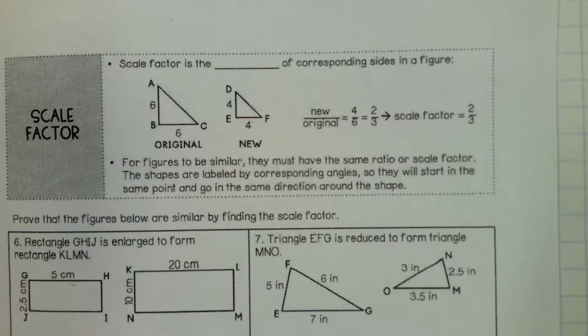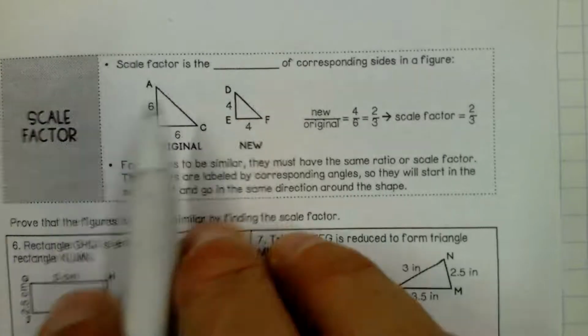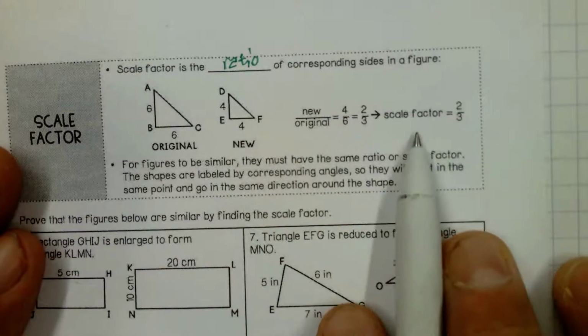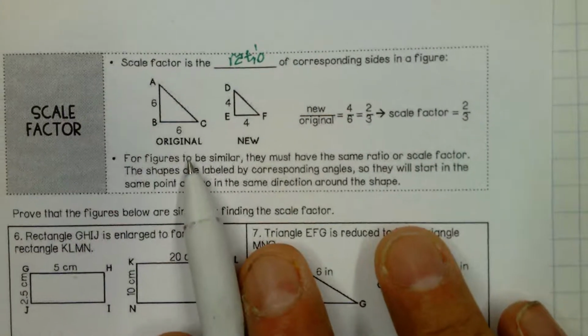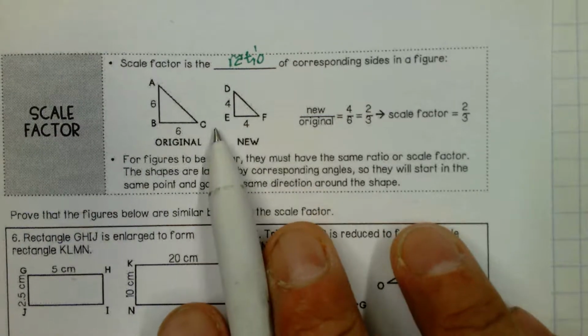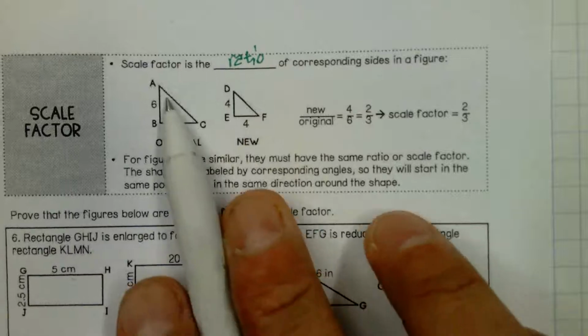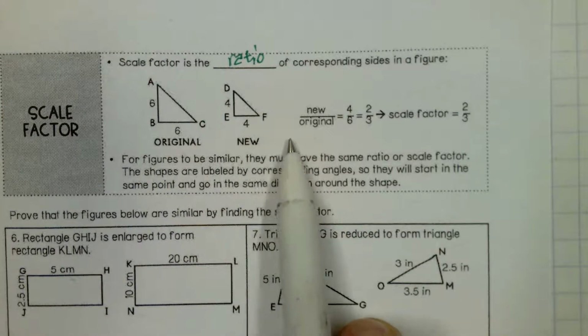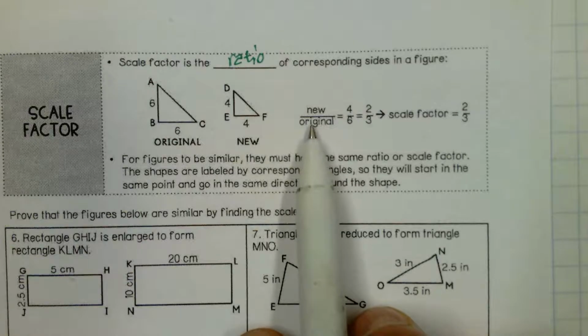All right, now let's learn about scale factor. Scale factor is basically a ratio. So the scale factor is the ratio of corresponding sides in a figure. So let's say we have these two triangles, ABC and DEF, okay? And we're going to make a ratio.